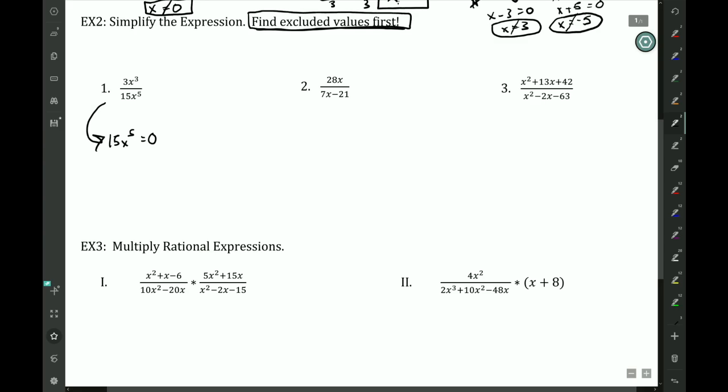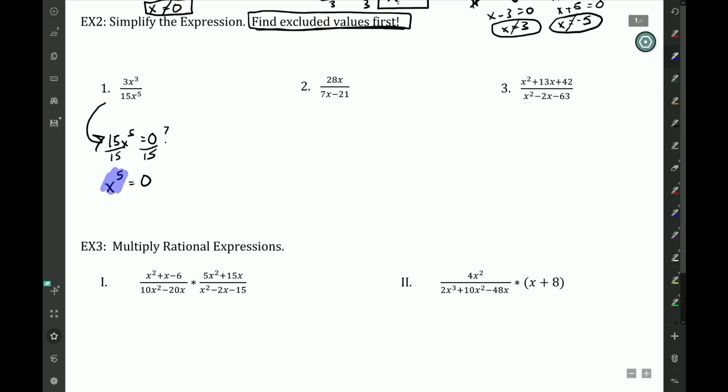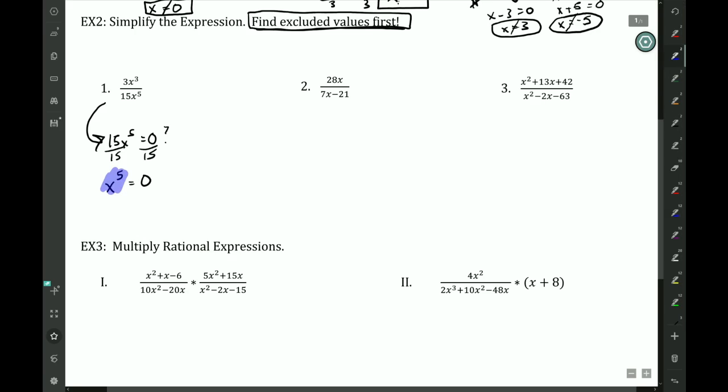Where is that equal to 0? Well, if I divide by 15, it's saying what times itself 5 times is equal to 0. This may look tricky, but really 0 times 0 times 0 times 0 times 0, x equals 0. That is what's not allowed.